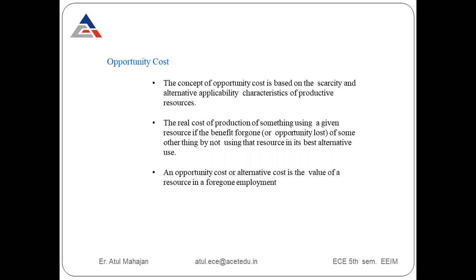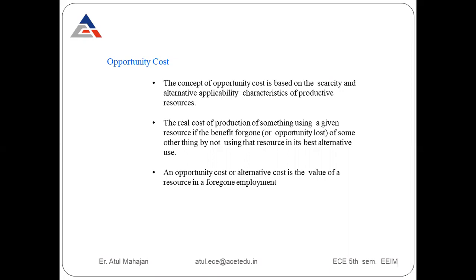The real cost of production of something using a given resource is the benefit foregone, or the opportunity lost of some other thing by not using that resource, also known as your opportunity cost.